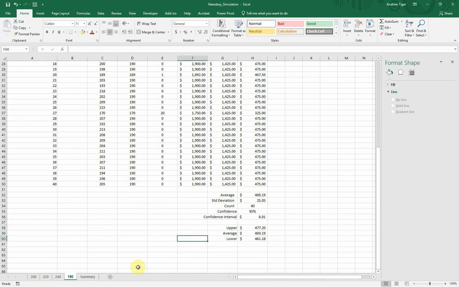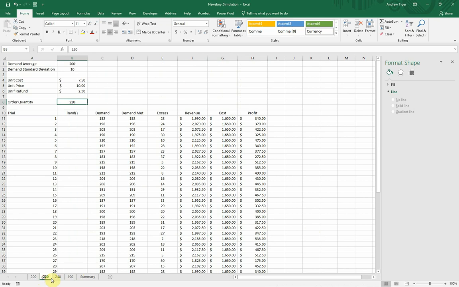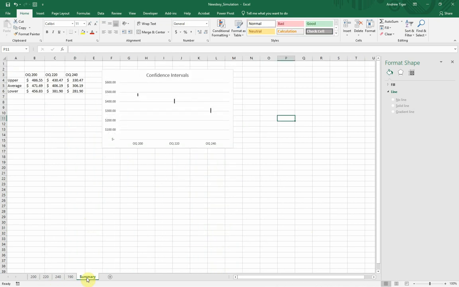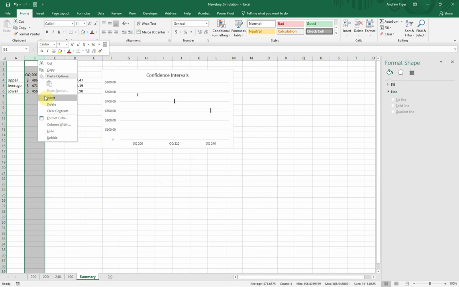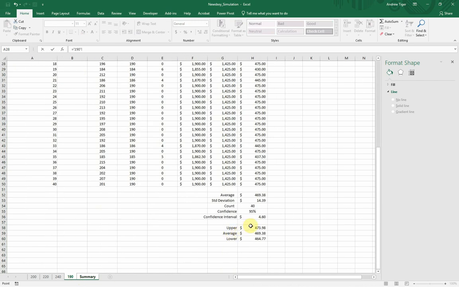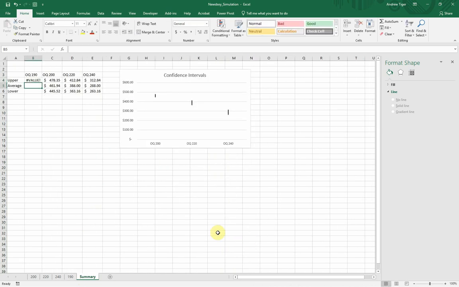Well, now that I've got, in this case, 4 different confidence intervals, I'm going to go to this summary worksheet. Let me go ahead and add the order quantity 190. All this is doing is referencing those 3 values. Whoops, just need one of them.